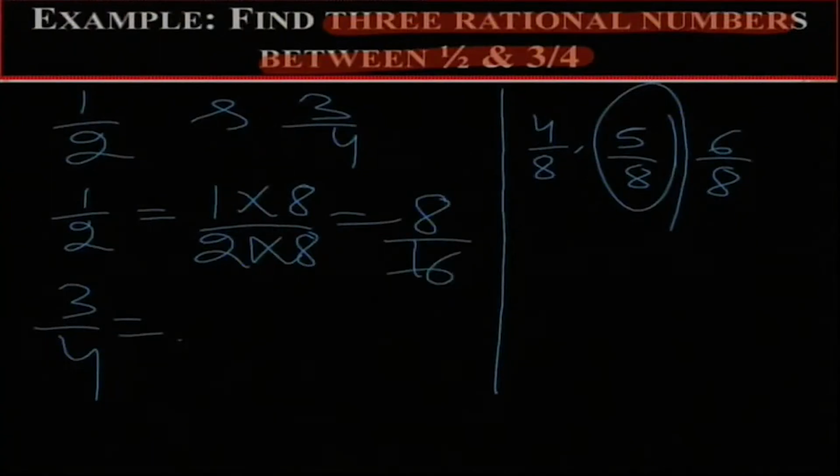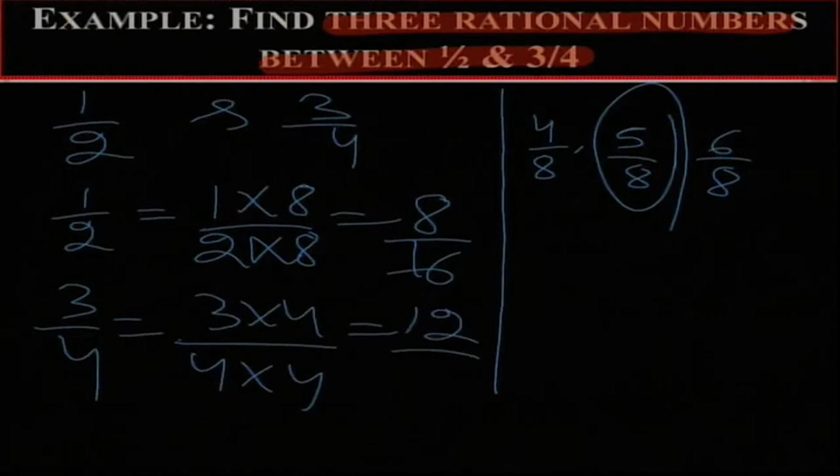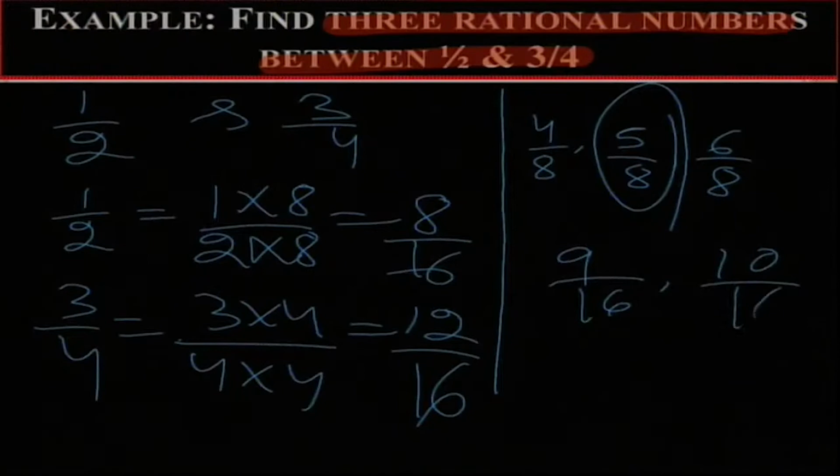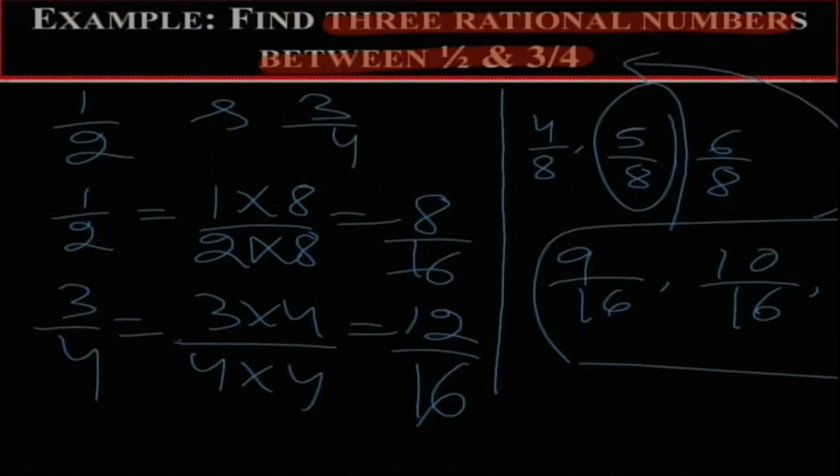Again 3 by 4, I can write 3 into 4 divided by 4 into 4, which is equal to 12 by 16. Okay. Now, between 8 by 16 and 12 by 16, you will get 9 by 16, 10 by 16, 11 by 16. I can say these are the three rational numbers between 1 by 2 and 3 by 4.